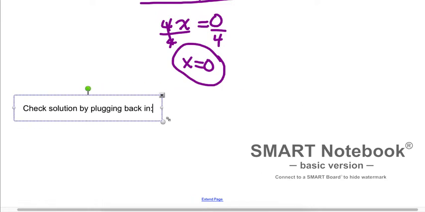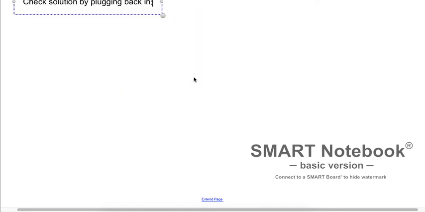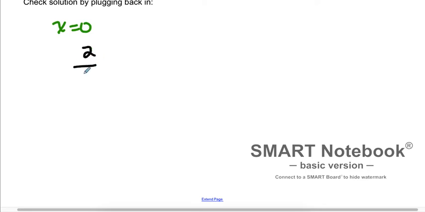Just to practice checking again. So let's check. So we're checking the solution x equals 0, and then our original was the following. It was 2 over x plus 2 plus x over x minus 2 equals 1. Okay, so we're checking if both sides are going to be equal.